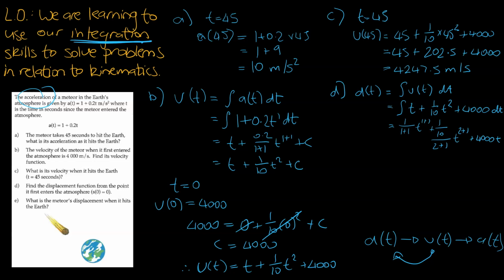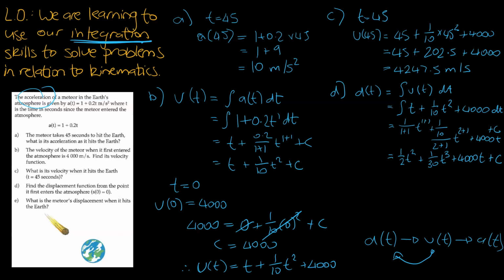And I've run out of room, but I'm just going to put that up the top there, plus our c value. And when we simplify all of that, that is going to get us to 1/2 of t squared plus 1/30 of t cubed plus 4,000 t plus that constant.